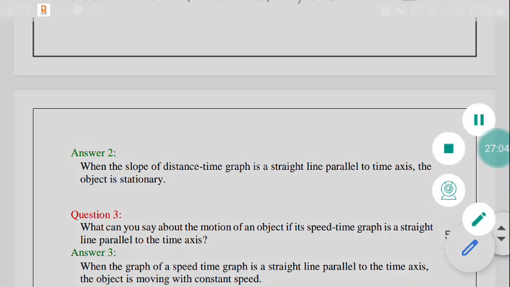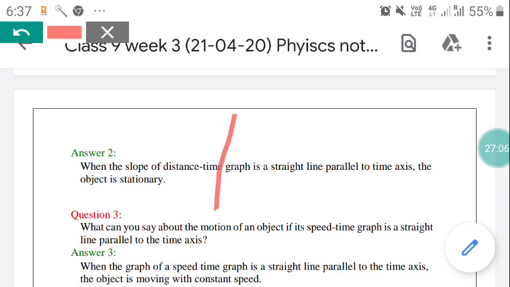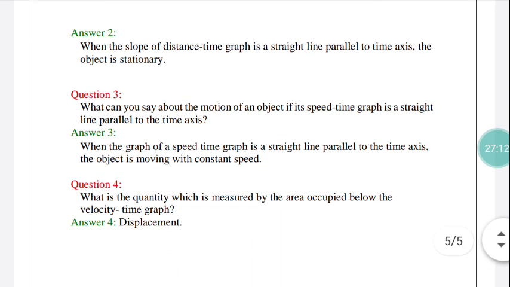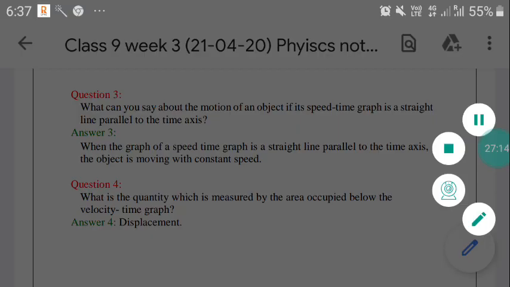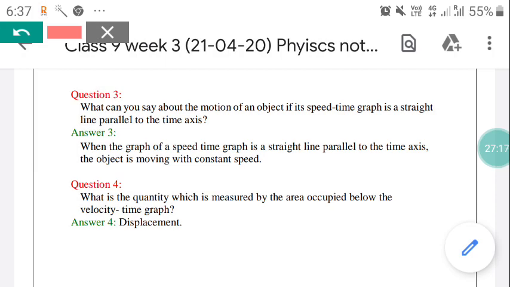Stationary means rest. You can write anything. Third question is, what can you say about the motion of an object if the speed time graph is a straight line parallel to the time axis? Again, the object is moving with constant speed, which I have explained earlier.